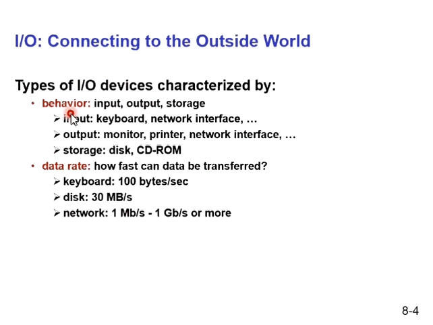The first is behavior for input-output storage devices such as keyboard, monitor, disk. The second is data rate. That means we can answer the question, how fast can data be transferred?